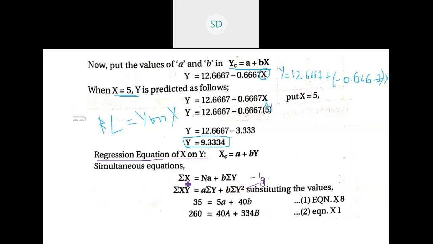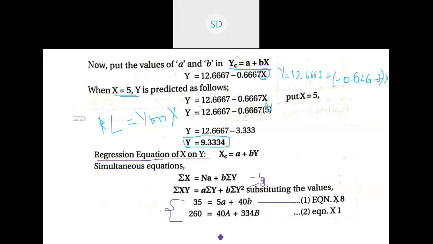Summation x is 35, n is 5, a as it is, b and summation y is 40. Then this will become your equation number 1. Now equation 2 is summation xy is 260, and then you have a into sigma y is 40, and then y square is 334. Now if you see these two equations, you're supposed to solve them simultaneously.